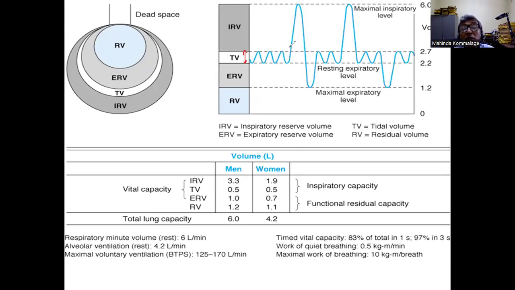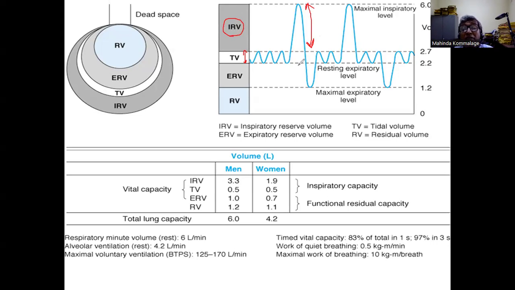With the maximum inspiration, some additional volume like this, we can take in. So that is what we call the inspiratory reserve volume. We can inspire some reserve, additional volume, with effort. Get a deep breath, right? So that is the inspiratory reserve volume.